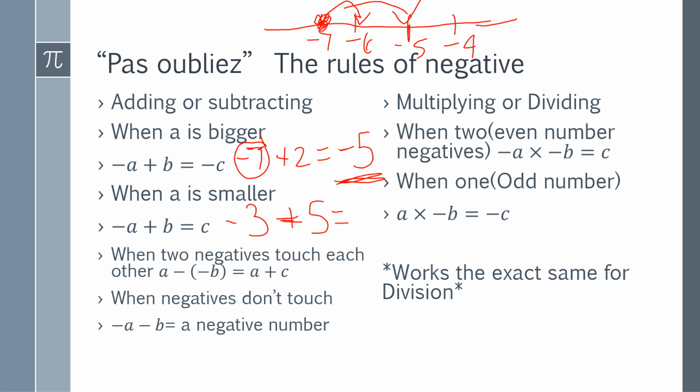Do I owe you any more money? No. Why? Which one's bigger? The $3 I owe you or the $5 I paid you? The $5. And as a result, my answer is going to be a positive number. And so, with that being said, you owe me the change of positive 2.